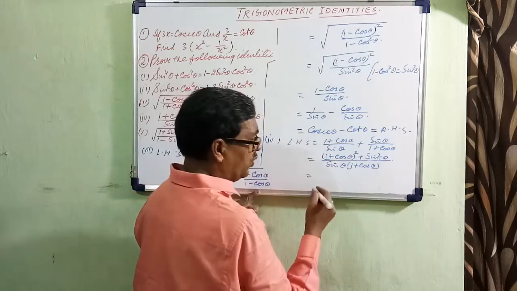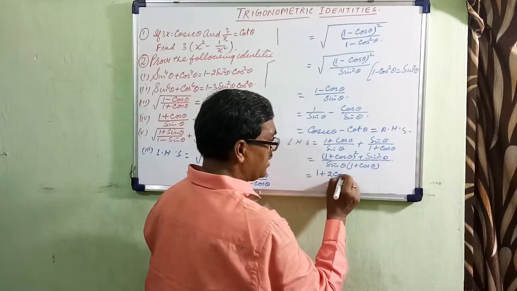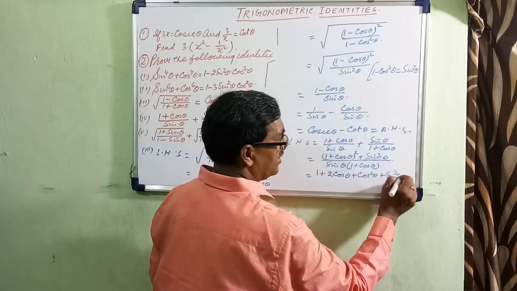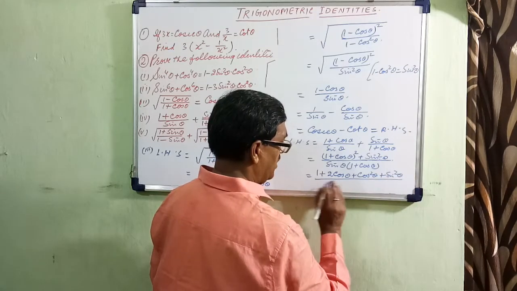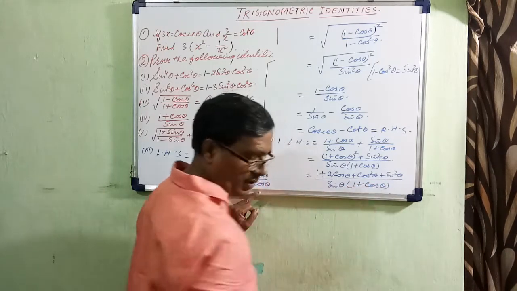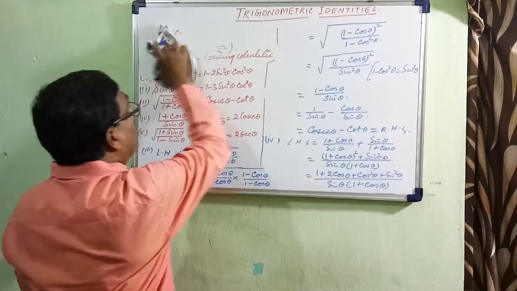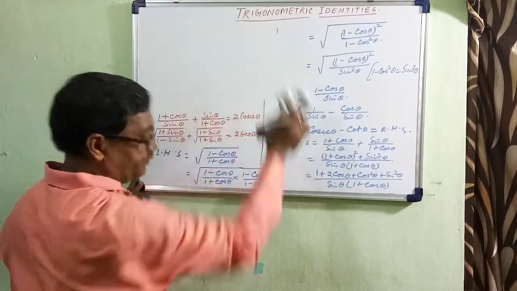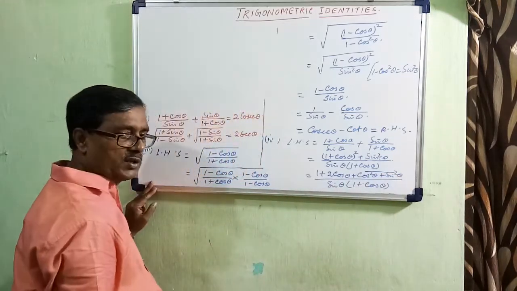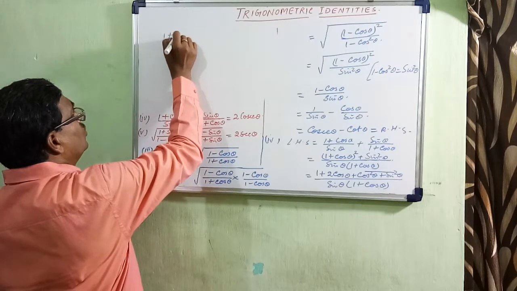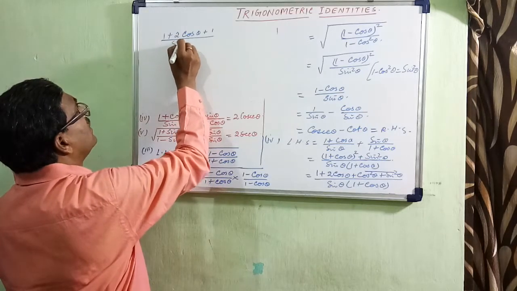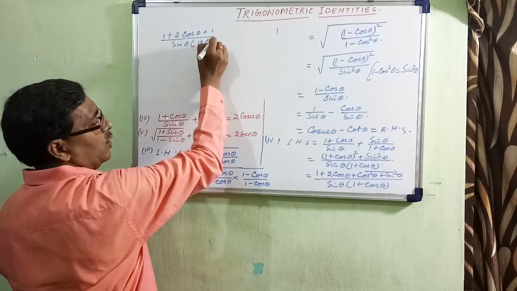And then (a plus b) whole square: 1 plus 2 cos theta plus cos^2 theta plus sin^2 theta, divided by sin theta into (1 plus cos theta). Now look at the numerator. What can you write for the numerator? 1 plus 2 cos theta, and sin^2 theta plus cos^2 theta is 1. So 1 plus 2 cos theta plus 1, divided by sin theta into (1 plus cos theta).